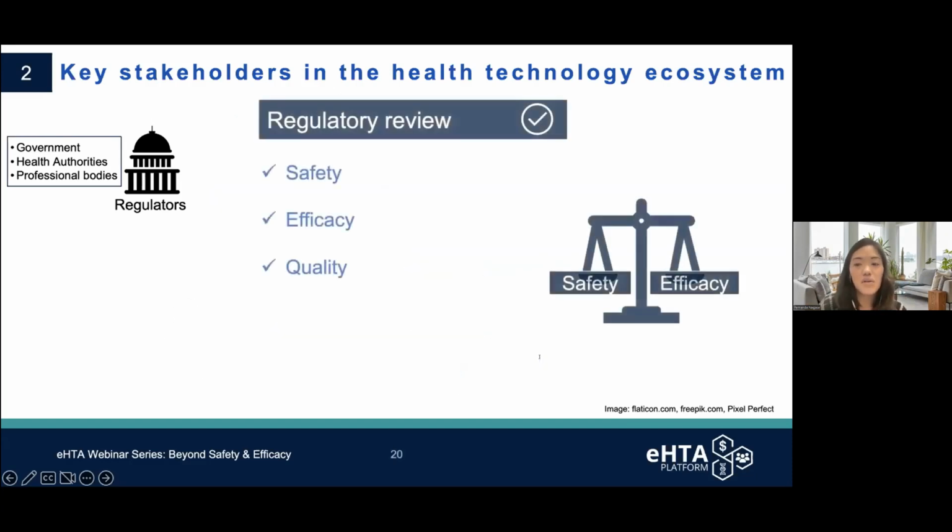And these stakeholders will have different values and require different evidence, as they're asking different questions about the technology. For example, regulators are interested in knowing whether the benefits of that technology outweigh the risks for individual patients. And then they will balance those two and decide whether to approve it for the market.